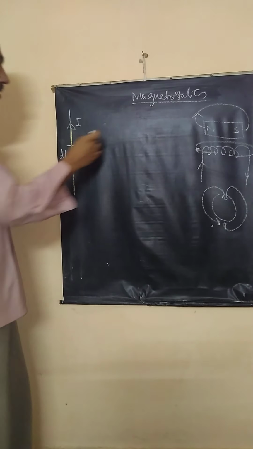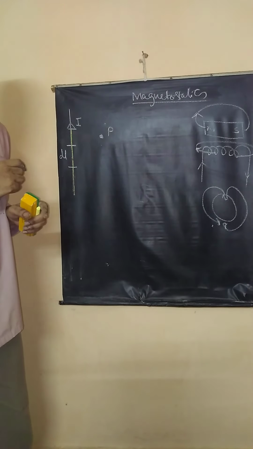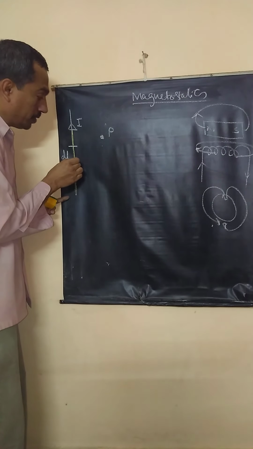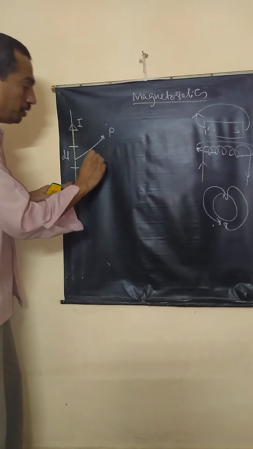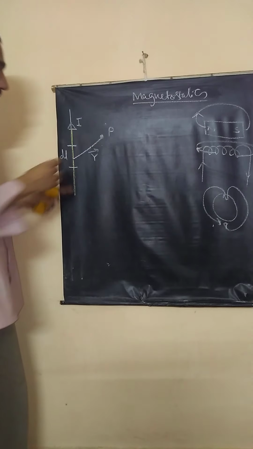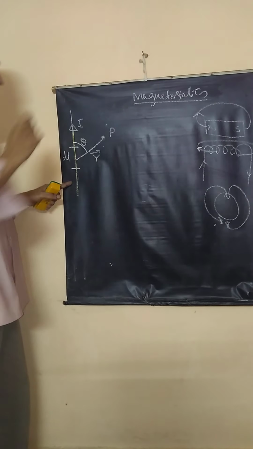I want to know the magnetic flux density at point P due to the small current element dl. Let us join this point with the current element like this. This is the position vector r joining the point P with the current element. Let the angle made by the position vector with the direction of the current be theta.